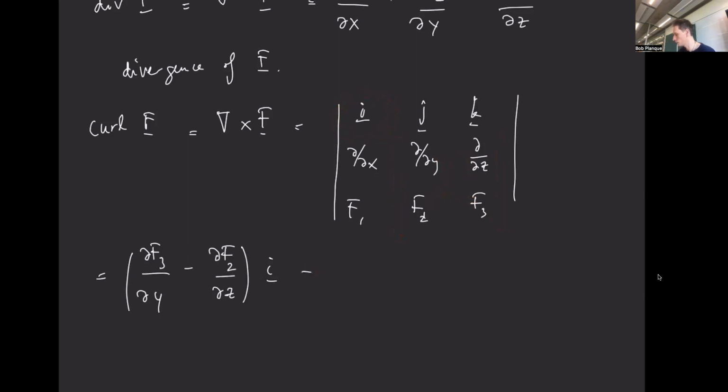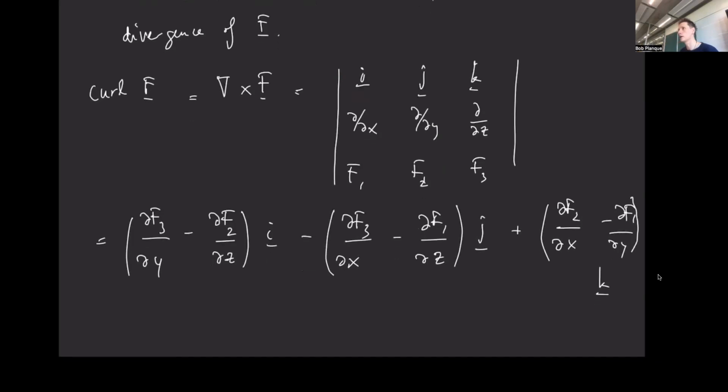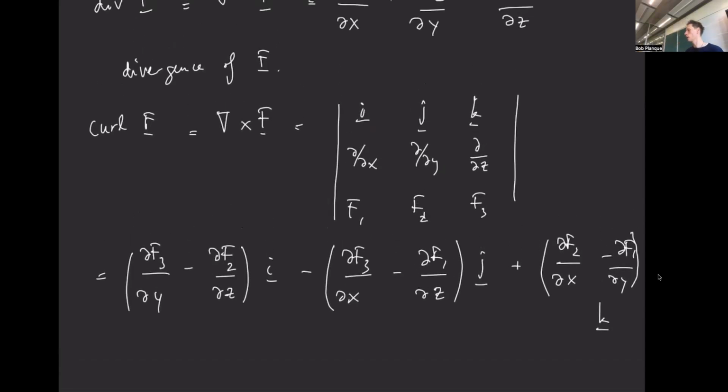And then you would get, so here you would get minus df3/dx minus df1/dz times j, and then plus the third one, df2/dx minus df1/dy times k. That is just legible.